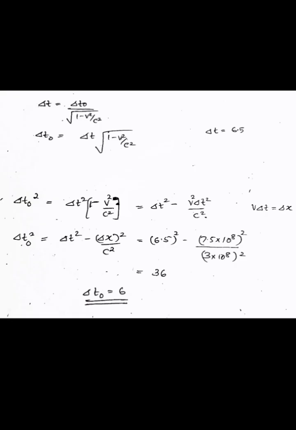So this is equal to 6.5 squared minus (7.5 × 10^8) squared by (3 × 10^8) squared. So this is equal to 36. So Δt0² is equal to 36, so Δt0 is equal to 6. So this 6 is the answer.